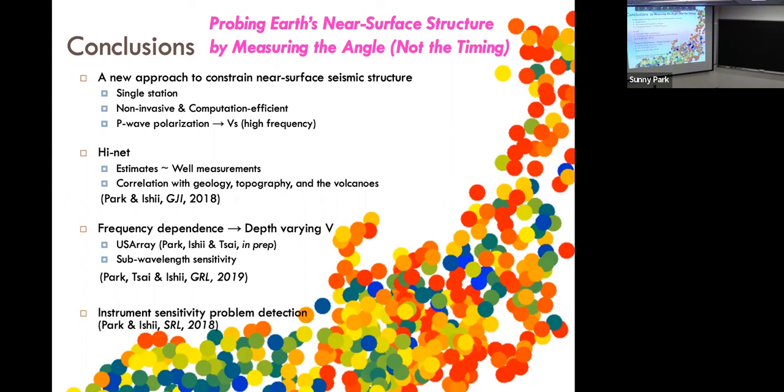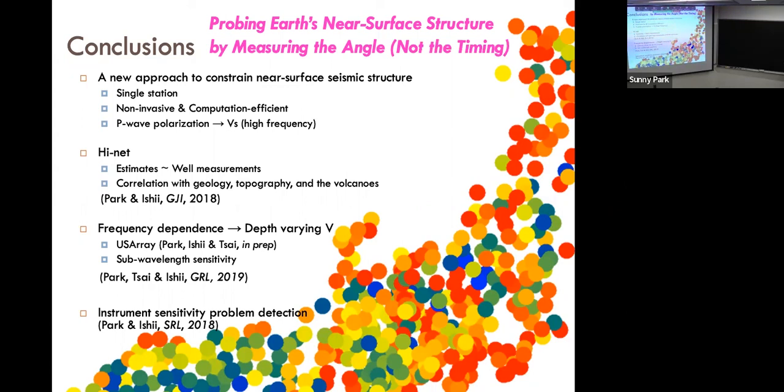I didn't have time to mention this, but since you're measuring all these angles over the time period of station operation, we can also detect issues with the stations, because then the angle will be problematic.